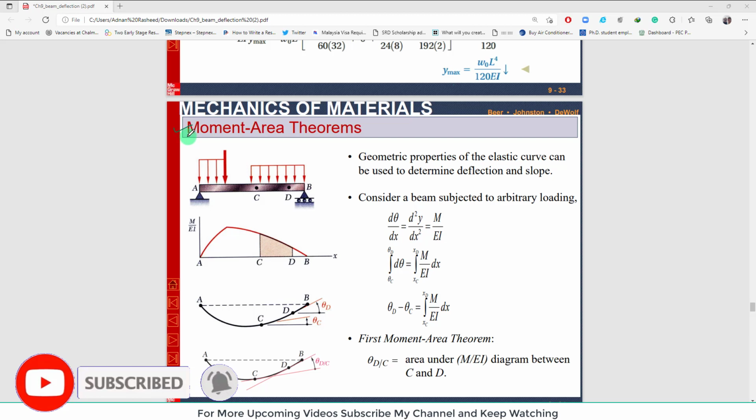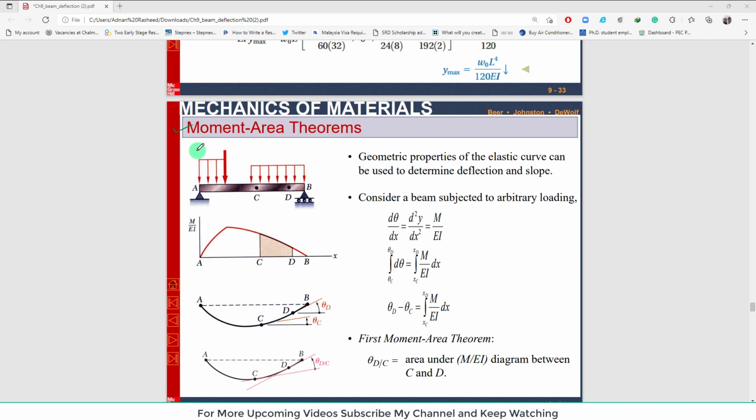Dear friends, today we are going to discuss the moment area theorem. This is chapter number 9 and our lecture is part number 6. Let me recall that in chapter number 9, parts 1 and 2, we discussed deflection of beams. We determined the equations for slope and deflection.